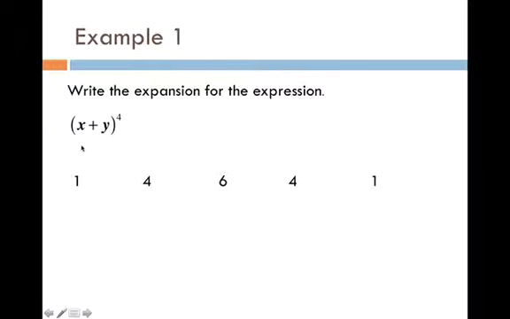The next part comes: we need to fill in the first term. Remember that the first term starts off with the same power as the binomial. So right here we will write x to the fourth, and then it counts all the way down to x to the 0. The second term, the y term, starts at the 0 power and then counts up.